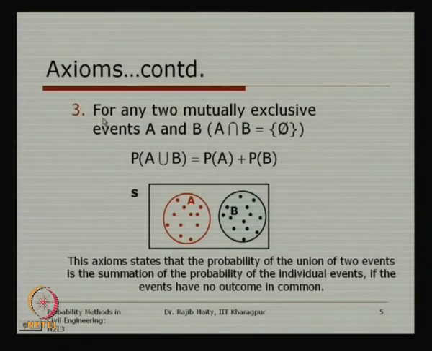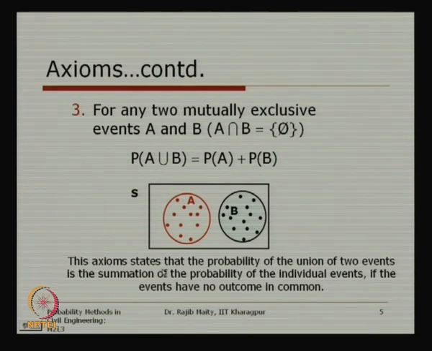So, the occurrence of one event automatically implies the non-occurrence of the other event; then these two events are known as mutually exclusive events. This axiom 3 states that for any two mutually exclusive events A and B, that is, A intersection B is a null set, the probability of A union B is the summation of their individual probabilities, that is, P(A) plus P(B).